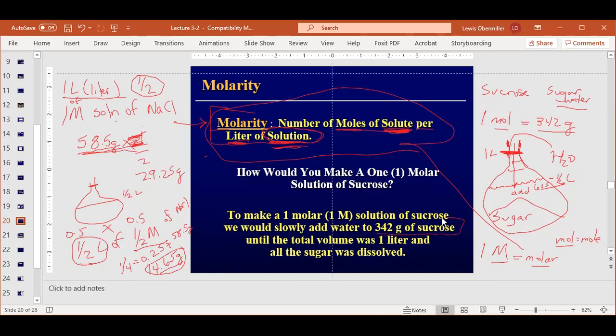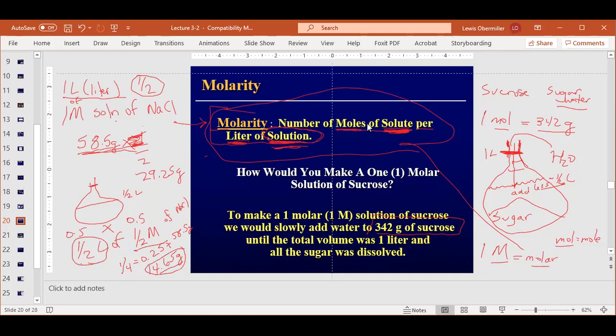And you might have to calculate this. I might just give you the masses of carbon and oxygen and hydrogen, and you'd have to calculate the number of grams of sucrose in 1 mole.